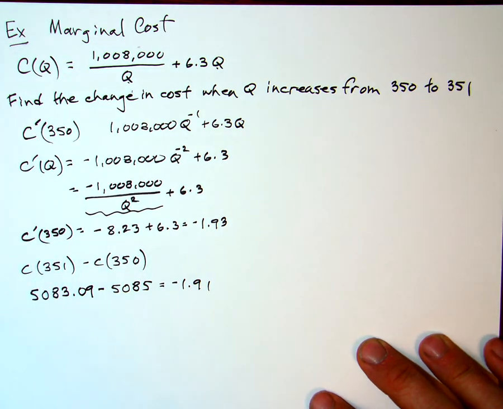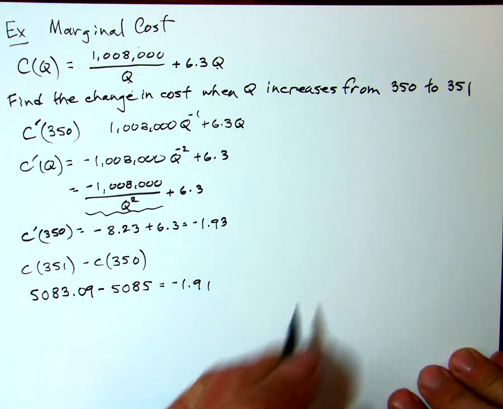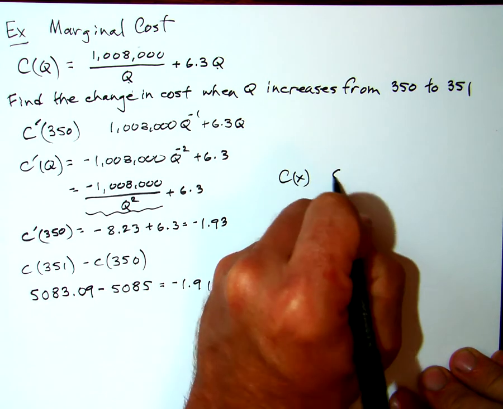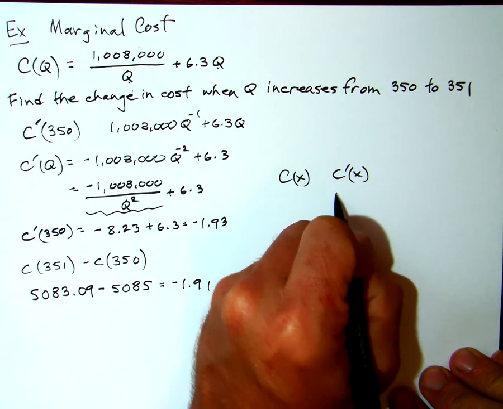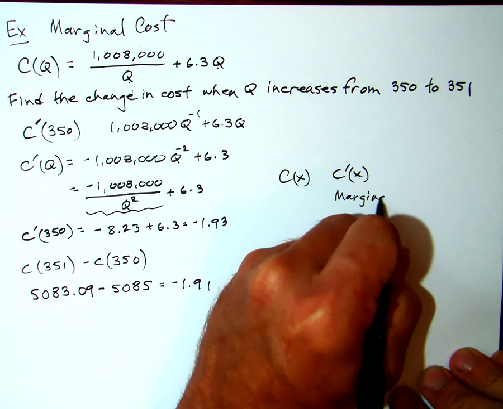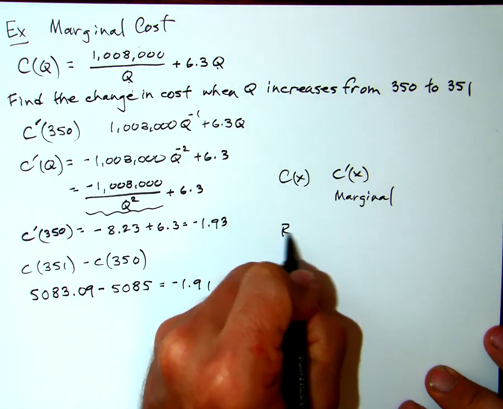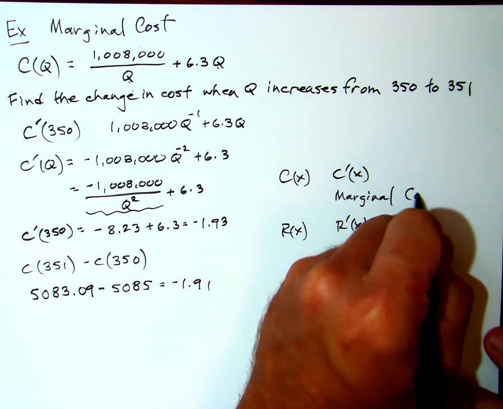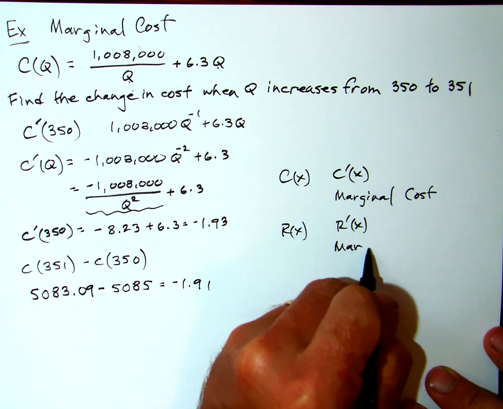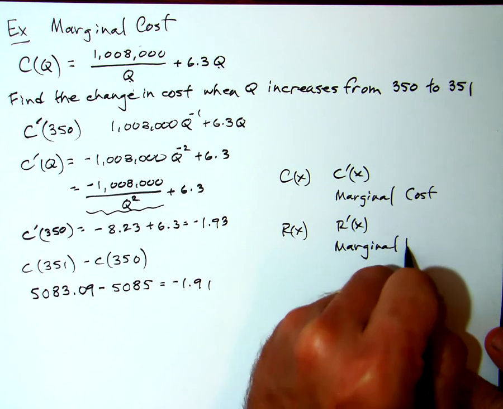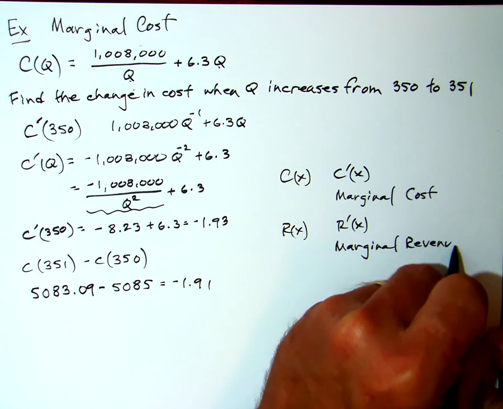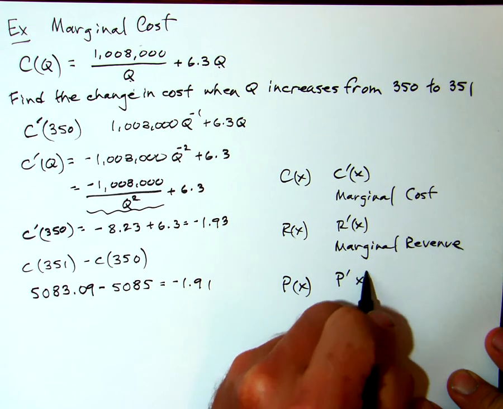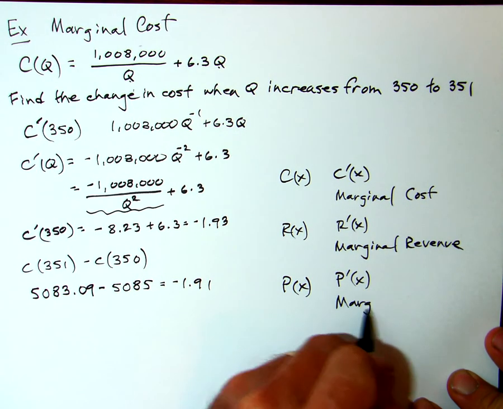So just to summarize, if I have a cost function, then C prime of x is my marginal cost. If I have a revenue function, then R prime is marginal revenue, and if I have a profit function, then P prime is the marginal profit.